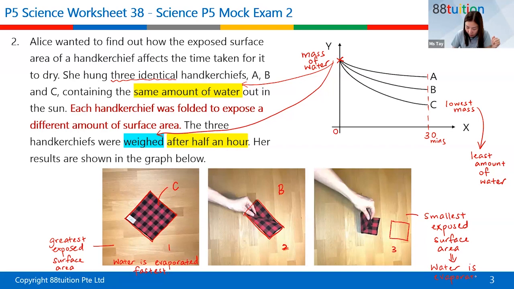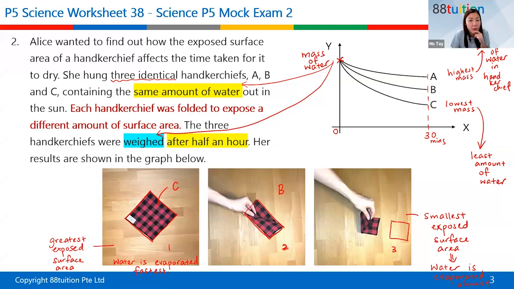If water evaporates slowest, it takes a longer time for the water to be totally evaporated. So this must be my number 3, right? Highest mass of water remaining. So this has got the highest amount of water in the handkerchief.